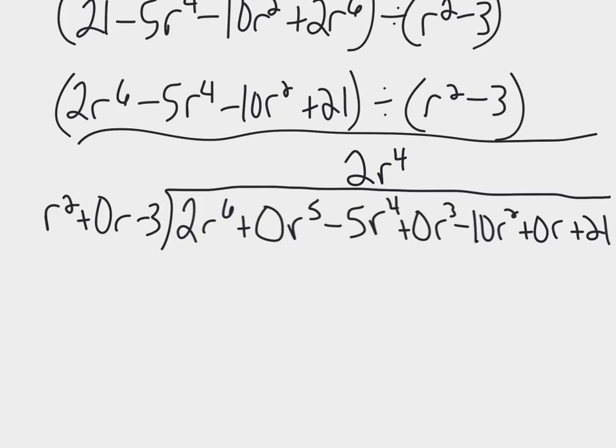And if you distributed that, that would be 2r to the 6th plus 2 times 0 is 0, so that'd be 0r to the 5th, which we don't need, but it kind of helps as a placeholder here so we don't get thrown off and accidentally add or subtract terms that are not like terms. And then minus 6r to the 4th. And again, we need to remember we are going to be subtracting this.